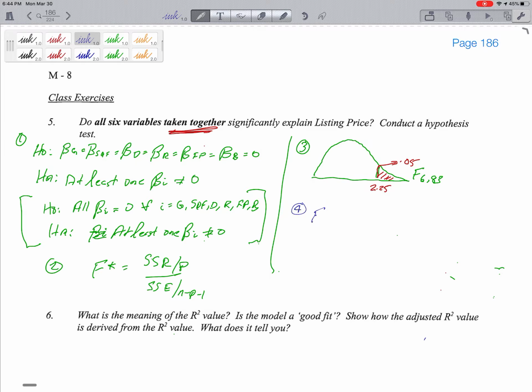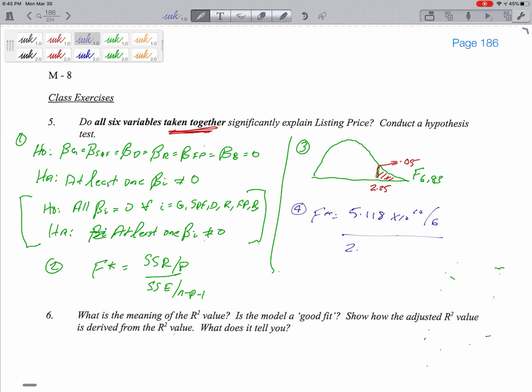And then we did the test here, and we got the F star equal to something really high. It was 28.53. So that was 5.118 times 10 to the 10th power. I'll just use scientific notation there because it was a really big, long number.